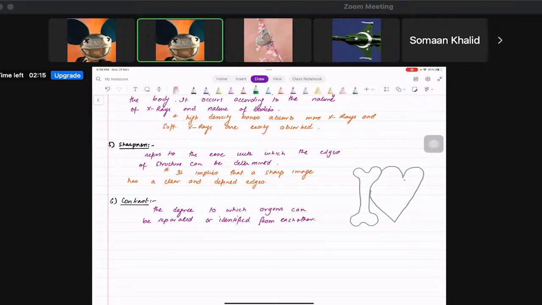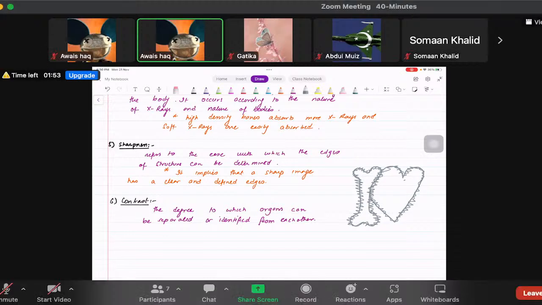But if the same thing was like this, so that would mean that now this image is not sharp anymore because we do not have defined edges. Is that clear, everyone? Good.